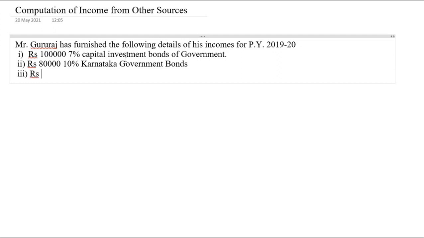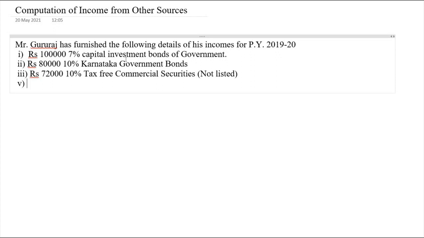Third, rupees 72,000, 10% tax-free commercial securities, in the bracket not listed.